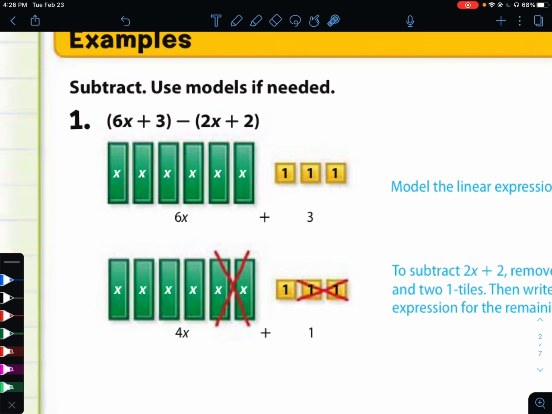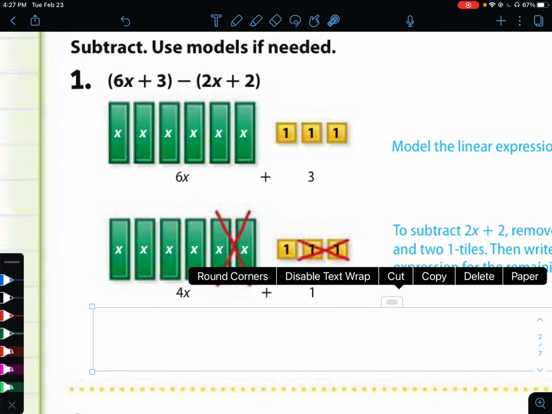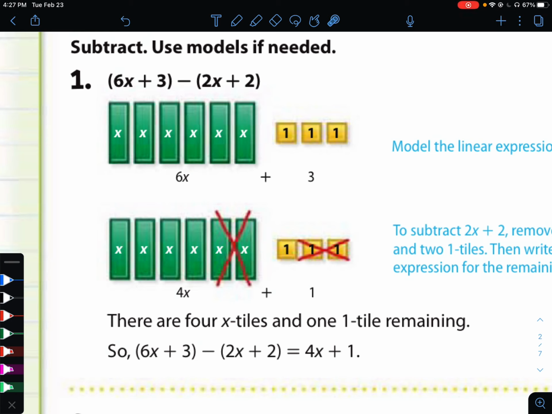We simply cross out the 2 x tiles right there, and cross out the 2 unit tiles right there. What remains is 1, 2, 3, 4 x tiles, that's why it's 4x, and 1 unit tile, which will be 1. So 6x plus 3 minus 2x plus 2 is the same as 4x plus 1.